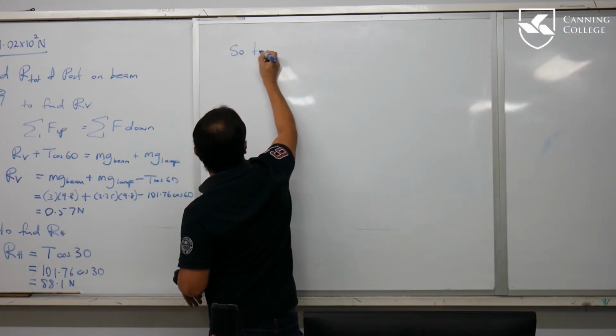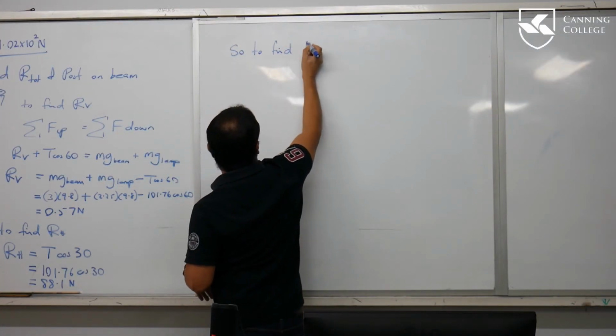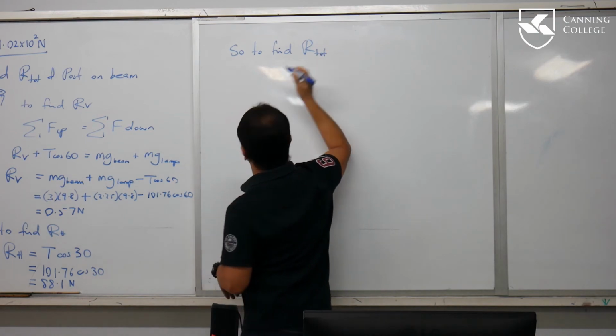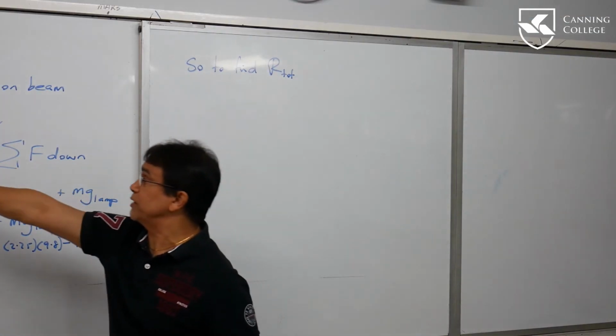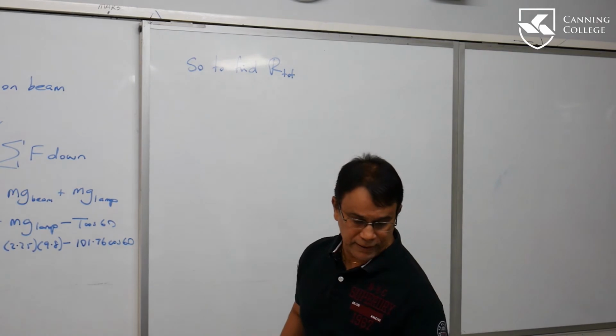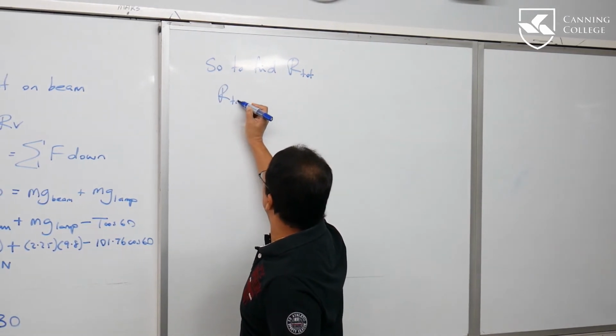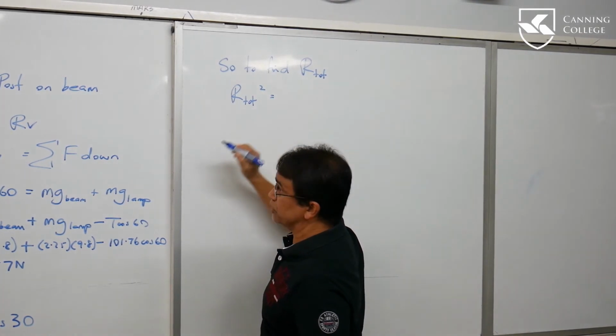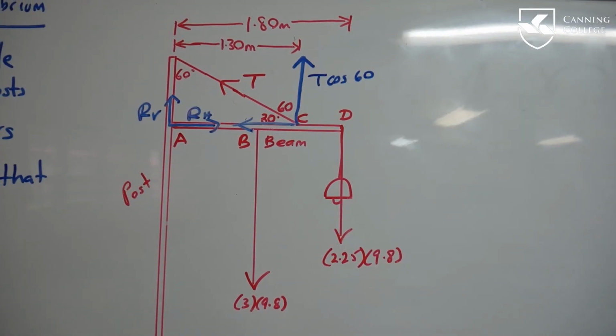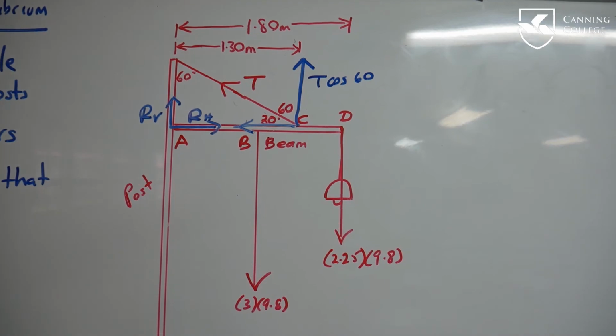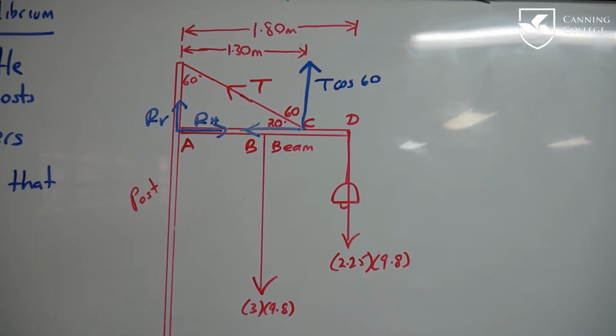So, to find R total, which is represented over here on my two diagrams, we can see that using Pythagoras' theorem, R total all squared is going to be equal to RV plus RH added vectorially.